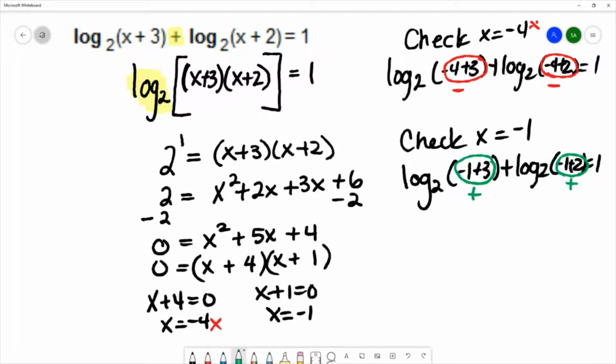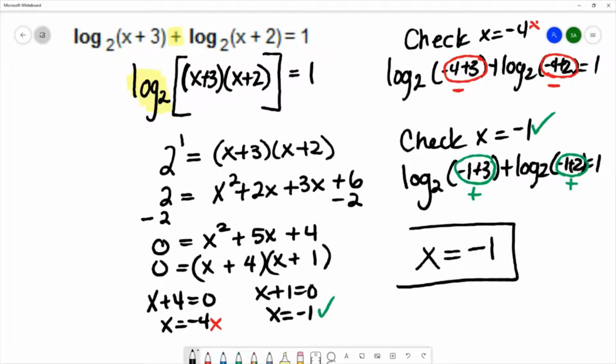And so -1 is in the domain of our log expressions, and we'll be able to keep that solution. So the only solution to our logarithmic equation is x equals -1.